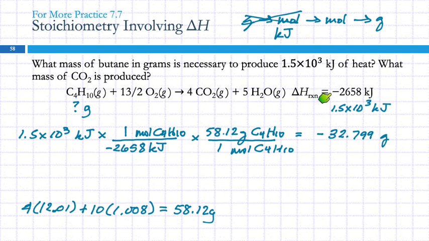We used the sign on delta H, but we didn't think about a sign for this heat produced. If we had to put a sign on it, would that be positive or negative? It's producing the heat, it's putting out. That's going to be negative. So that should have been negative also. And now we don't have a negative mass. So that would be 33 grams.